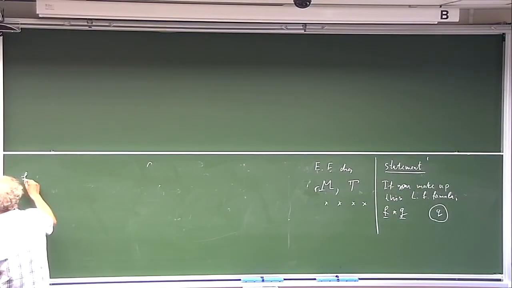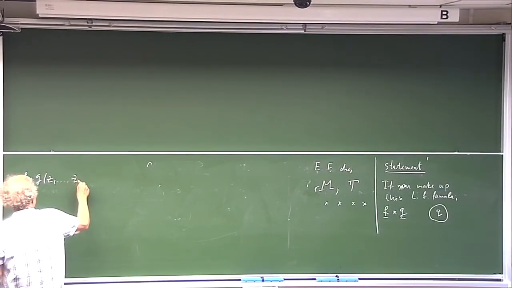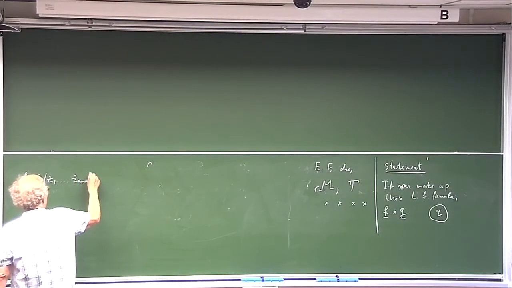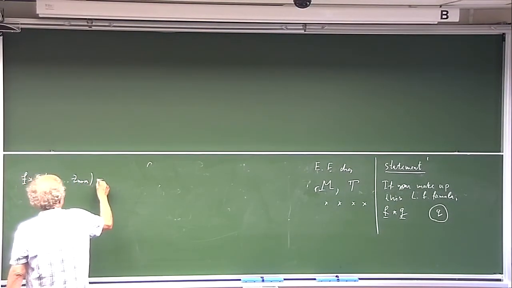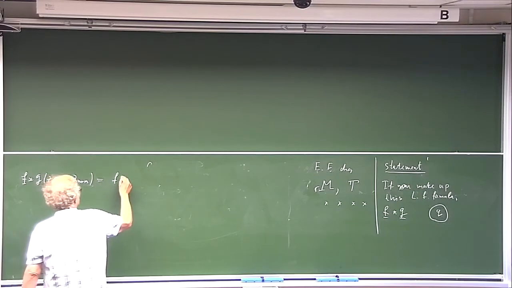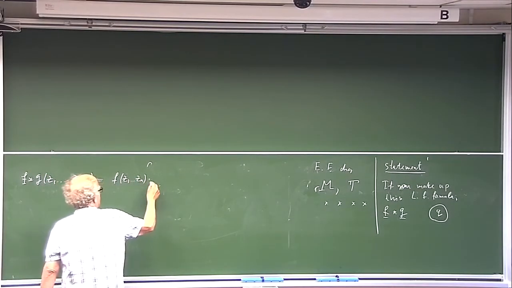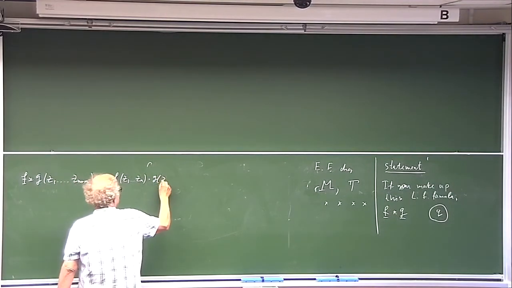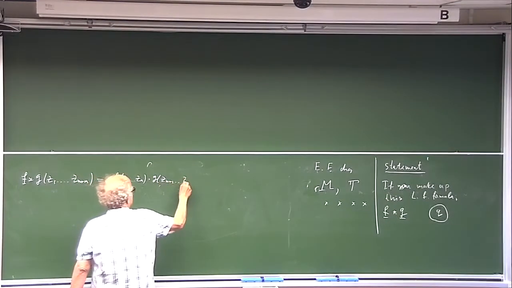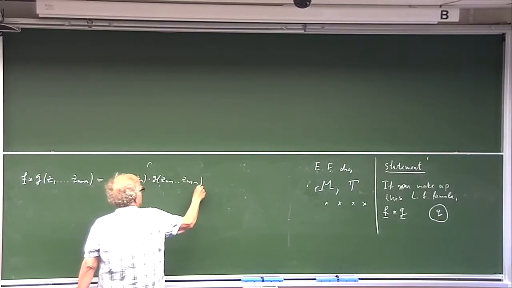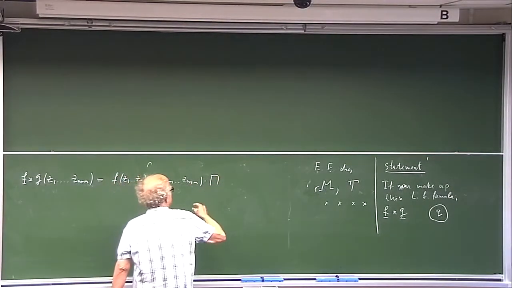It is f. Again, let me write it: C1 and so on, Zn plus m is equal to f of Z1 to Zn times g of Zn plus 1 to Zn plus m, and here we have a product.